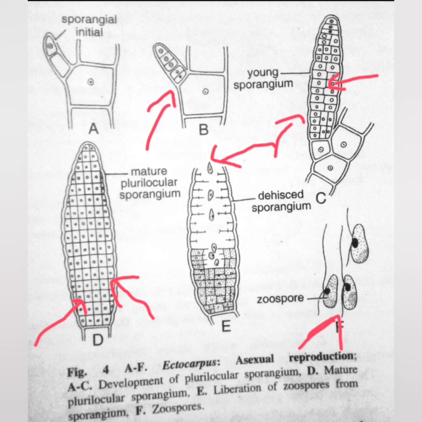So in the case of unilocular, we get haploid filaments, but in this case the zoospores germinate to form diploid asexual thalli, and at maturity these thalli bear both unilocular and plurilocular sporangia.